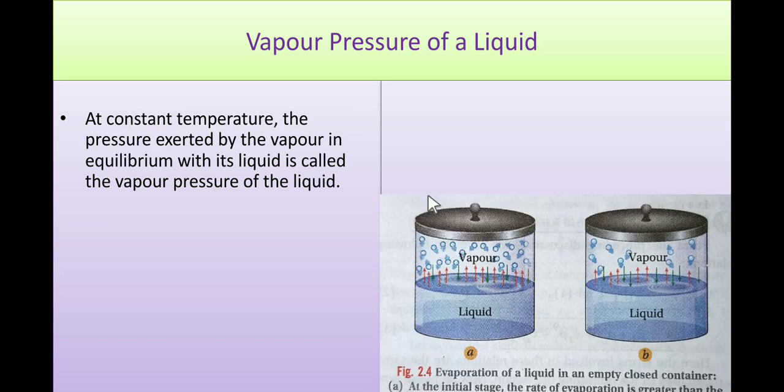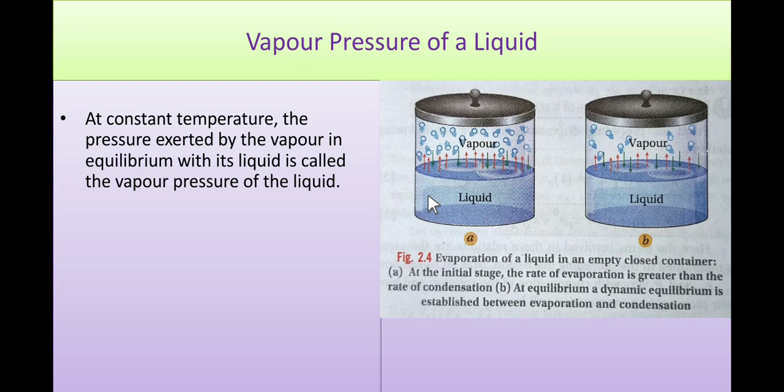Let us consider a situation in which a closed container is partially filled with a liquid. Liquid starts evaporating and the vapor formed occupies the empty space above the liquid.